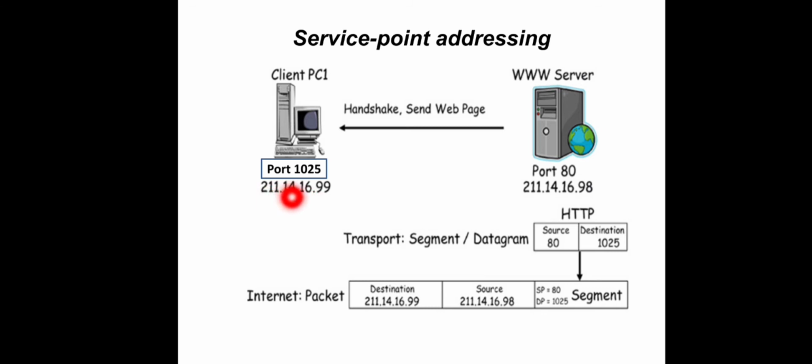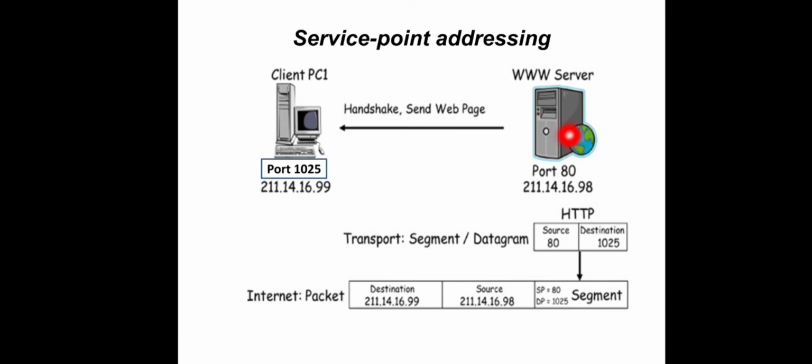Okay, so we have two different addresses. One to identify the entire machine, that is the IP address 211.14.16.99, and the corresponding process through which we will access the web server. Maybe some browser here, right? And the corresponding port number is 1025. And upon requesting, the corresponding service will be provided by some process in the server, right?